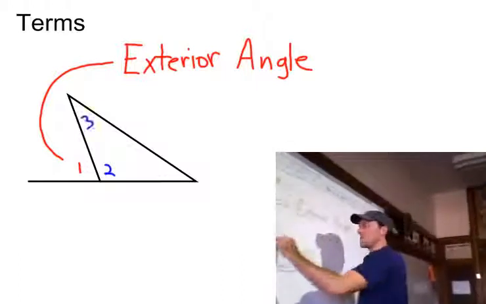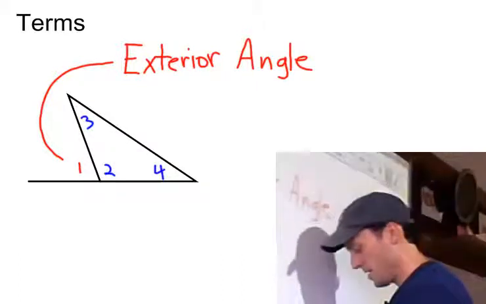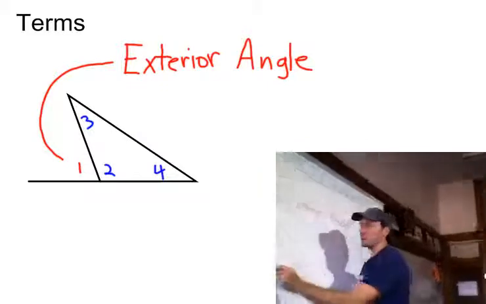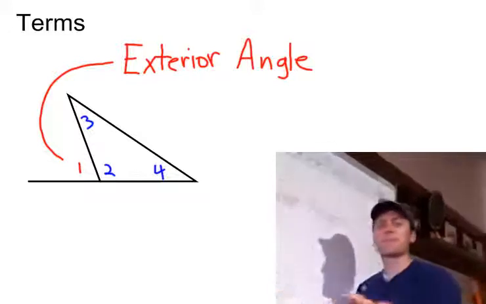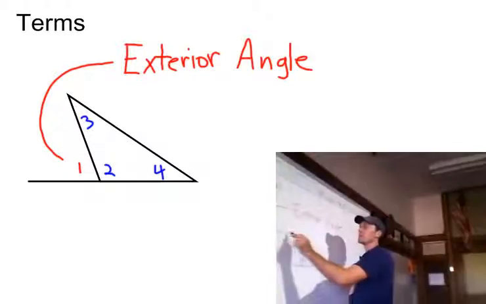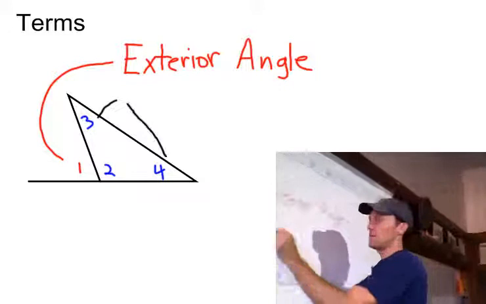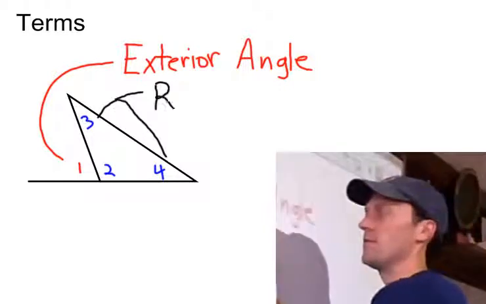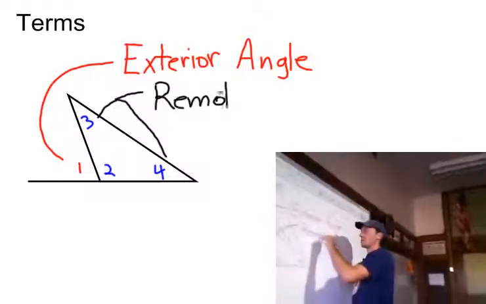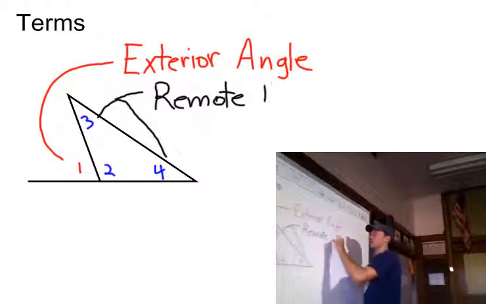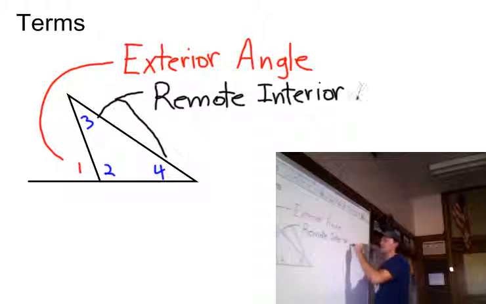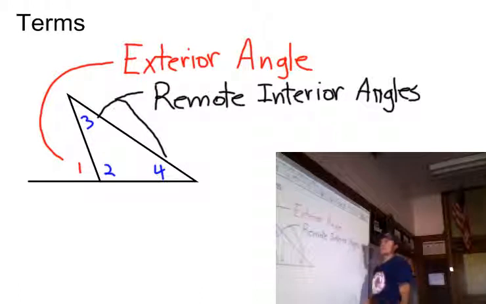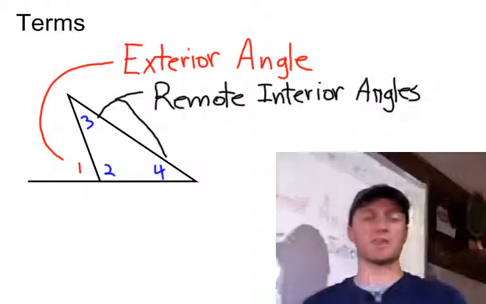This angle, and this angle. Now 1 and 2 obviously are supplementary because they make this straight angle. But 3 and 4 we're going to call the remote interior angles.